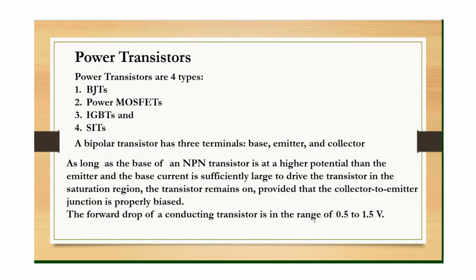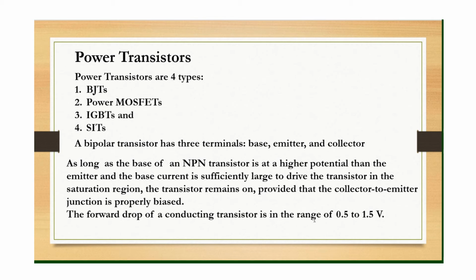Okay. Next is power transistors, that is BJTs. You're already familiar. Power transistors are 4 types. BJTs, bipolar junction transistors. Then you have power MOSFETs, IGBTs, and SITs. Yeah. So transistors, you're familiar. It's a 3-terminal device. It has base, emitter, and collector. So as long as the base of NPN transistor is at higher potential than the emitter, the base current is sufficiently large to drive the transistor in saturation region or also in the active region, right?